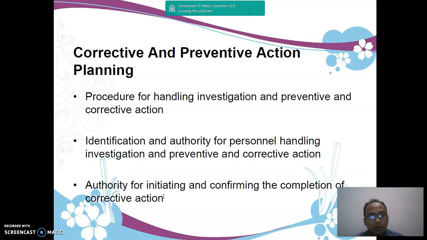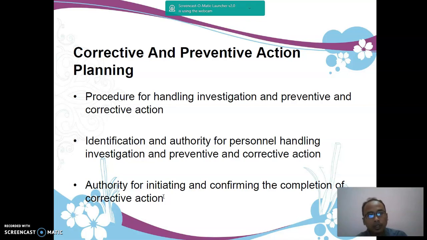So after the investigator has given the preventive and corrective action, then this preventive and corrective action has been endorsed by the safety and health committee and also the employer. Then you need someone to verify whether the recommendation has been implemented or not, to make sure that all of the recommendations are taken in a good manner. These are the very important things.